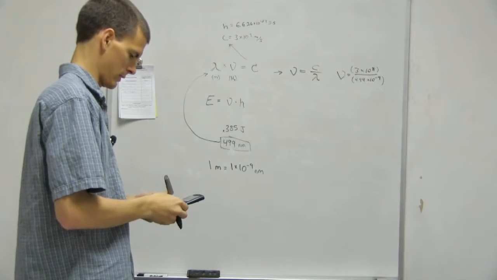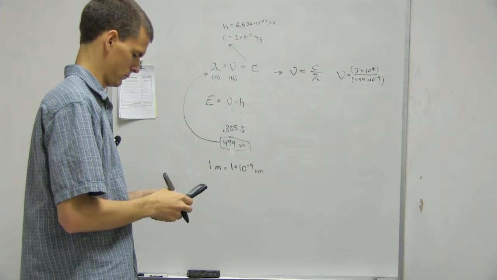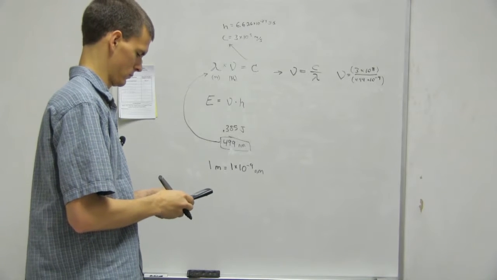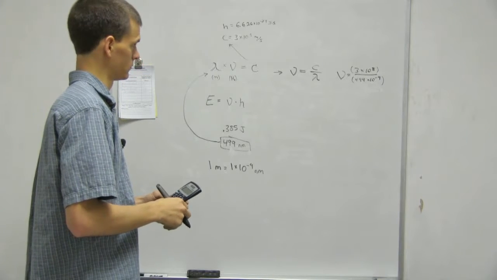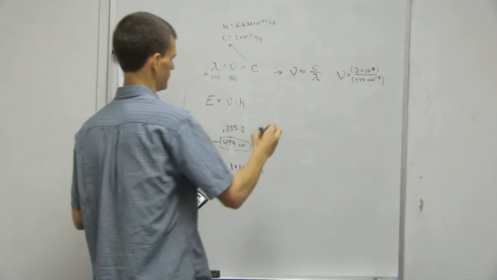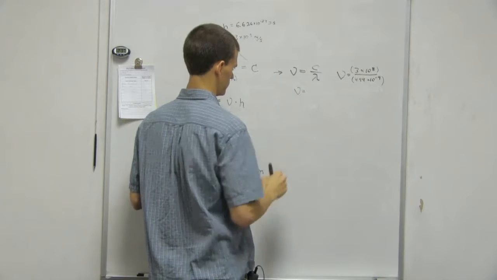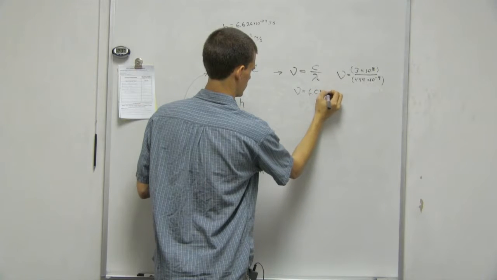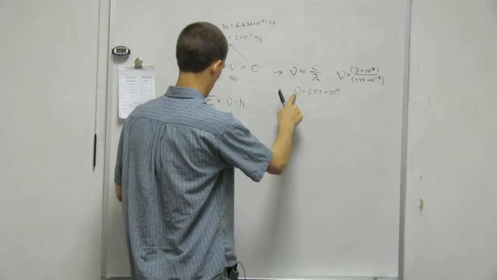So let's see what that equals. It's 6.01 times 10 to the 14th. Okay, that's our frequency.